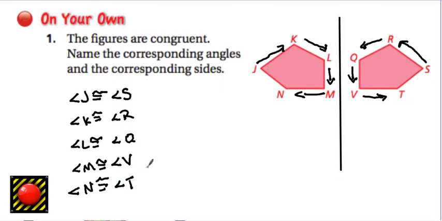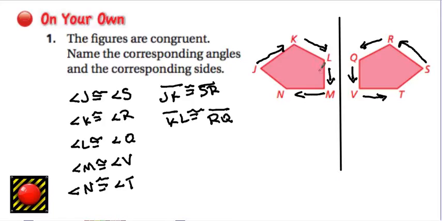And you can actually do the same exact things with your segments. You can see segment JK and segment RS are congruent to each other. And our next segment is segment KL, and it is congruent to or corresponding with segment RQ.